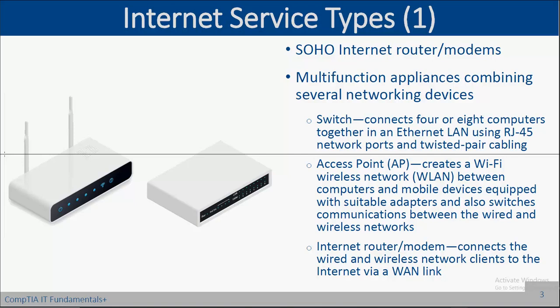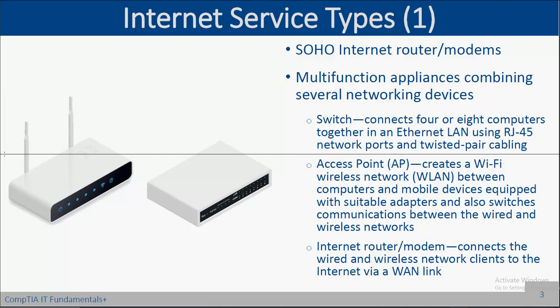So the switch is basically what allows you to connect computers. In most home routers, you can connect up to 4 computers using an RJ45 using wire, right? Typically the twisted pair cabling.